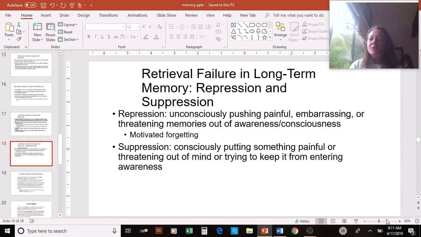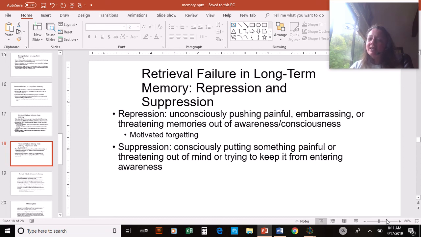And then of course, like I've already said, we also have repression and suppression, just like what Freud talked about a lot with his defense mechanisms. Repression is those really negative experiences that we just don't want to remember, and we do forget those.